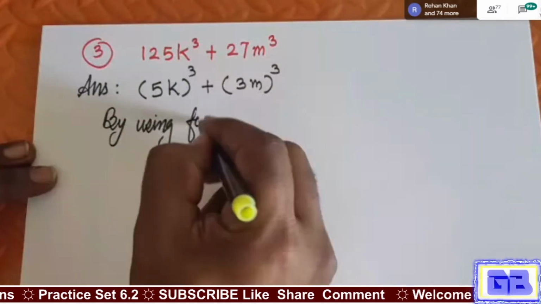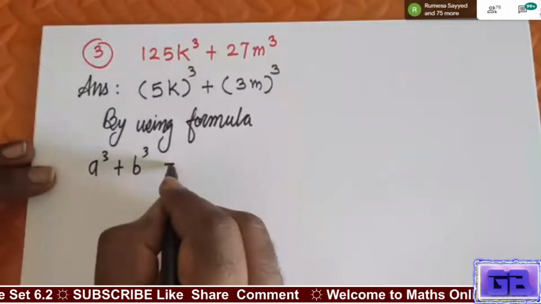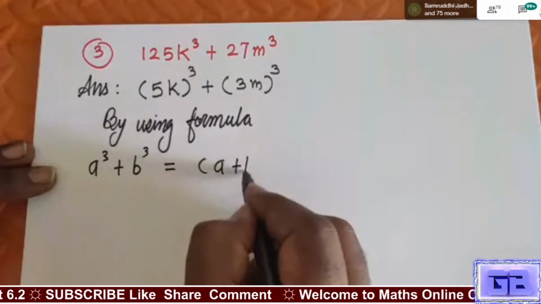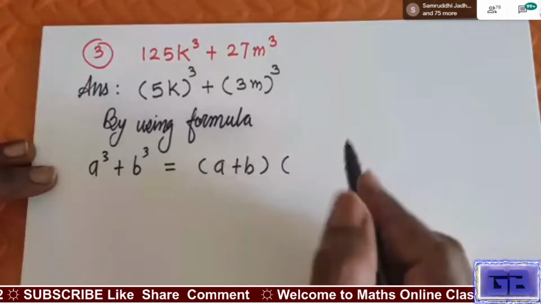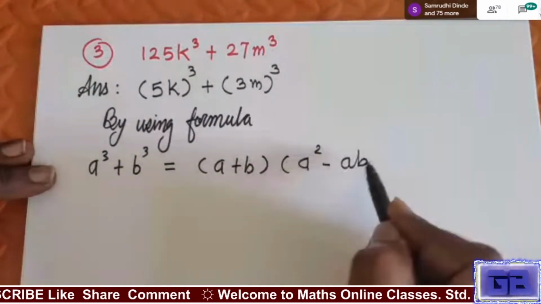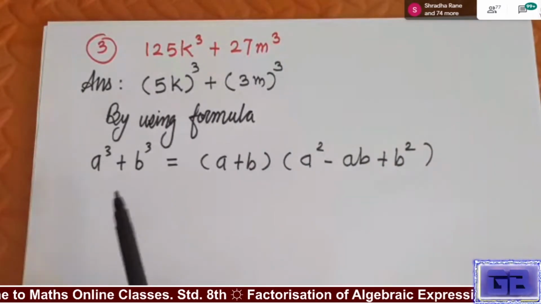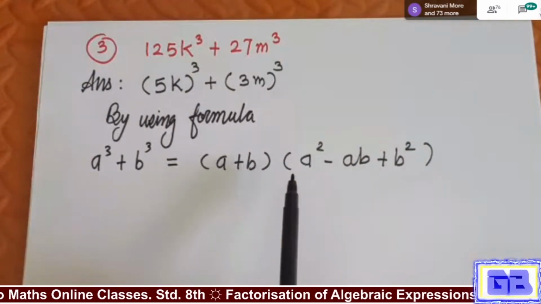By using the formula a cube plus b cube equals first bracket a plus b, in the second bracket a square minus ab plus b square. See here, one general thing I want to tell about this formula.